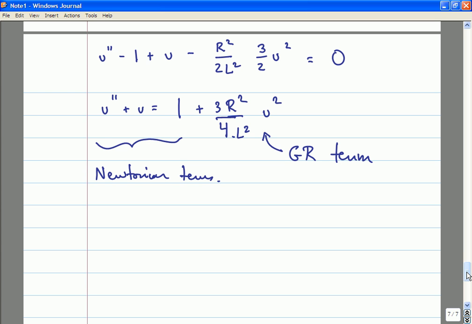And so if we wish to expand around the Newtonian solution, that means that we need to take u to be a Newtonian solution, plus some first-order correction that I'll call u1, plus higher terms in the perturbation expansion that we will neglect. Where u naught here is a solution to the Newtonian equation, u double prime plus u is equal to 1.